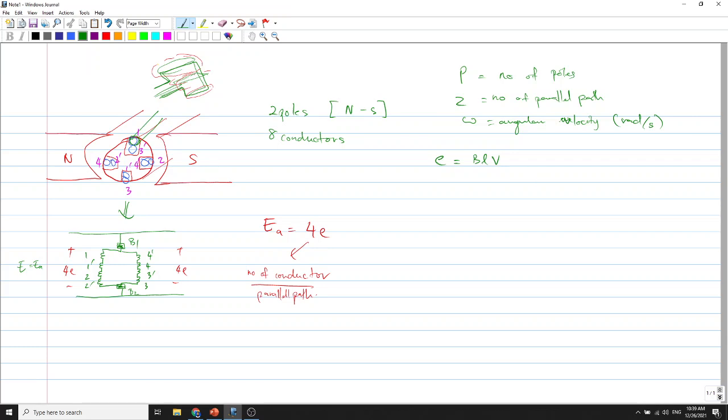This is for one conductor. So to get the overall EA, we take the number of conductors divided by the parallel paths.